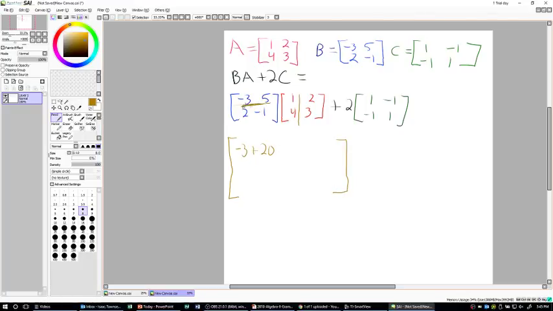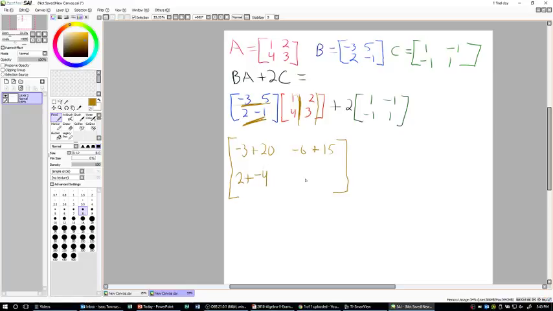Now if you take row 1 times column 2, so negative 3 times 2 and 5 times 3, we add those together as well. To find row 2, column 1 of my answer, I take row 2 times column 1, so 2 times 1 and negative 1 times 4.